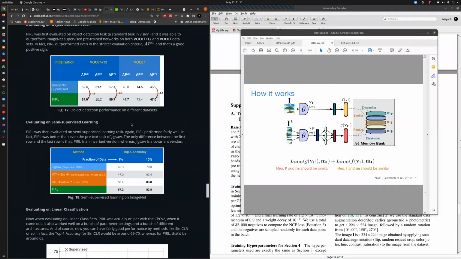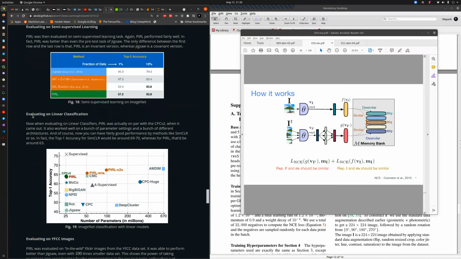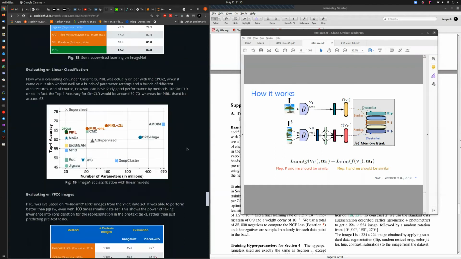So these are the results. Evaluations on the linear classifiers. This is the CPC V2. Simply so on. Yeah, this is 62, 63.